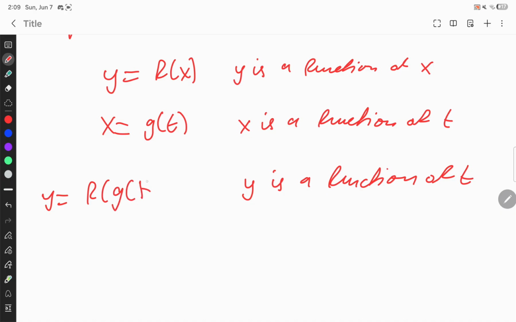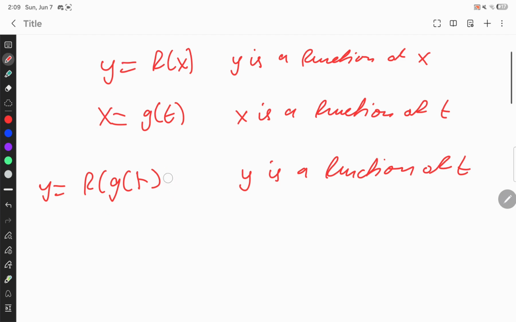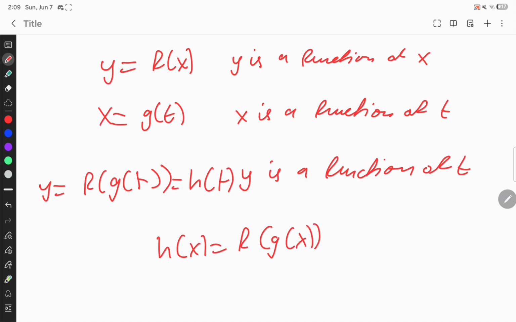So let's plug it in. And what do you get? y is a function of t. How? It is a composite function. y is a composite function of t, or a new function h, where h of x is equal to the composite function f of g of x.